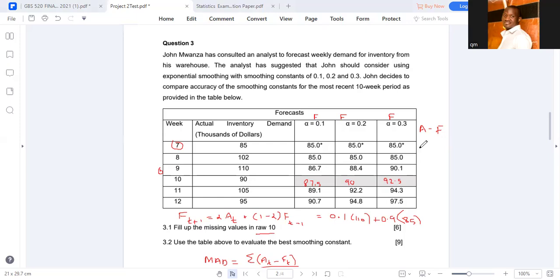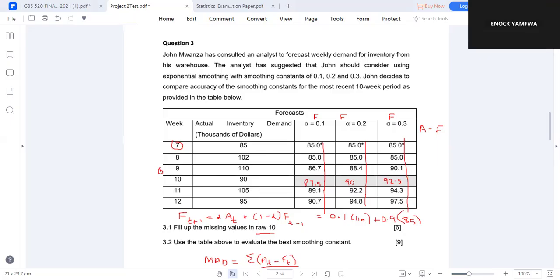So you need to do this for each of these ones here. Just subtracting 102 minus 85. What did we get here?